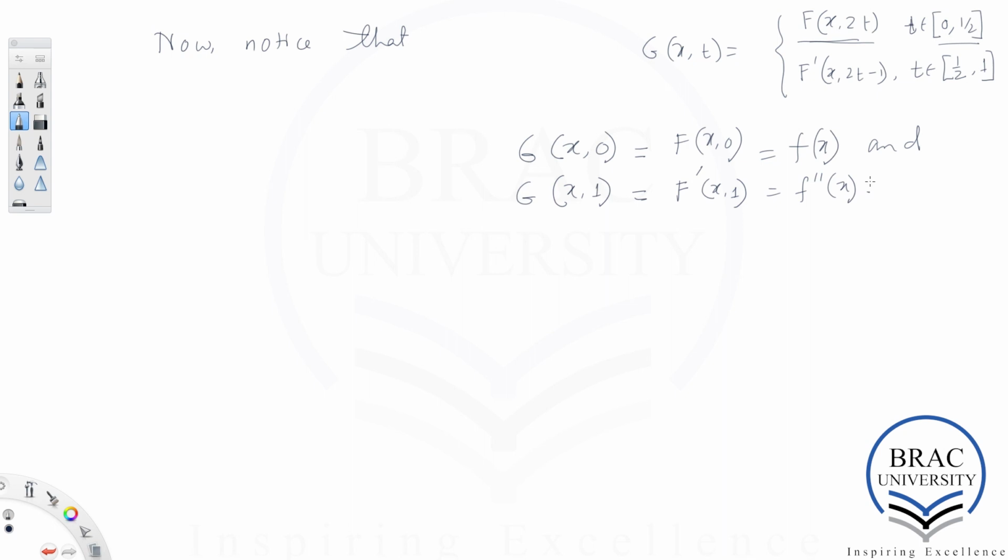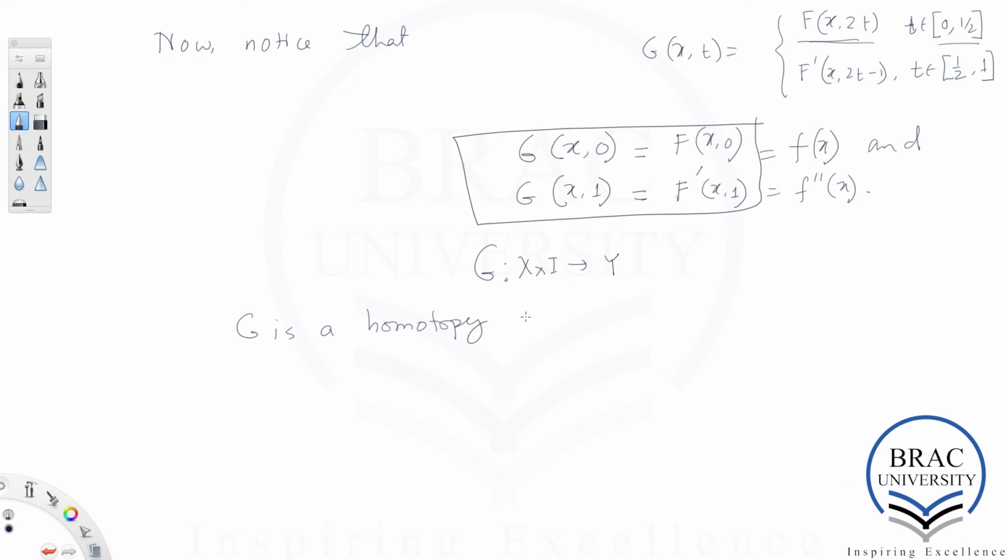Okay, so what did we find? We found that g is a continuous function from X cross I to Y, satisfying these two conditions, which means that G is a homotopy between F and F double prime.